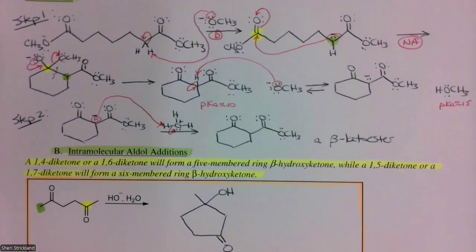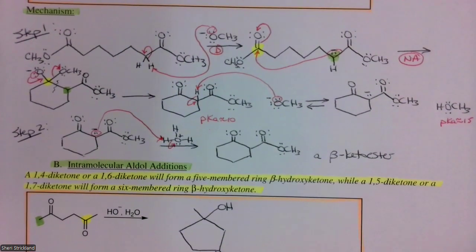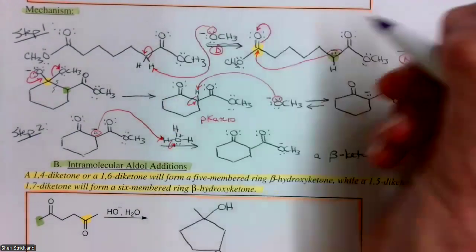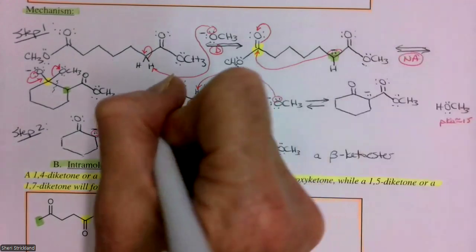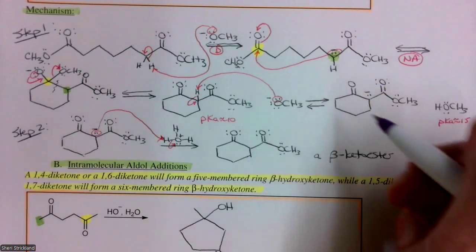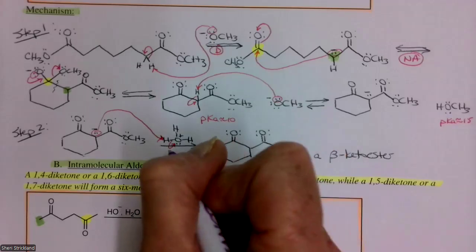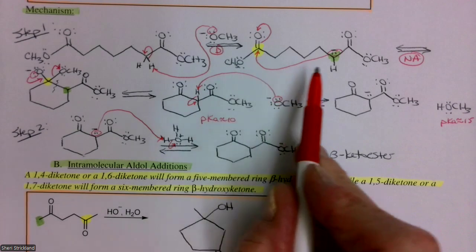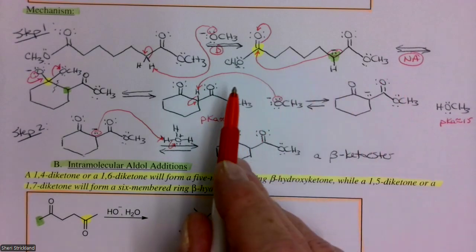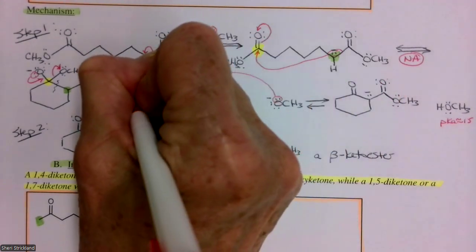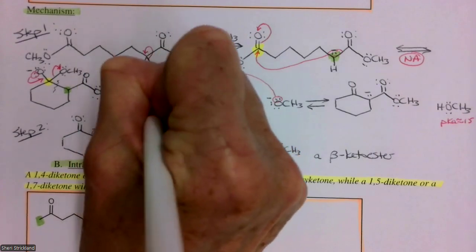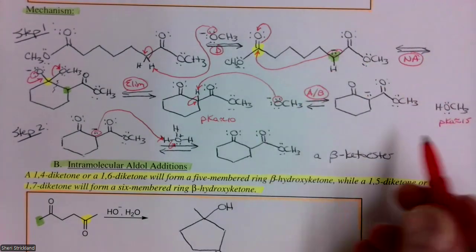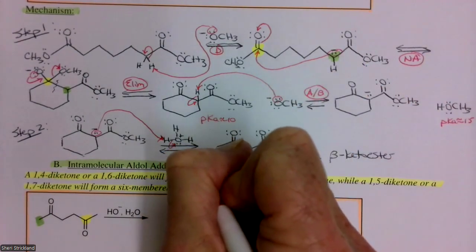Oh, no, we didn't. Okay, and all of these steps should be equilibrium. So let's put those double arrows in there. Okay. And there. So we had a deprotonation, a nucleophilic attack, an elimination, an acid-base reaction, and the second step, just a protonation.